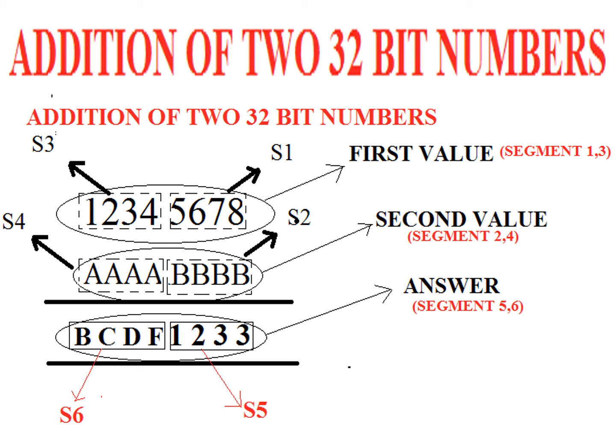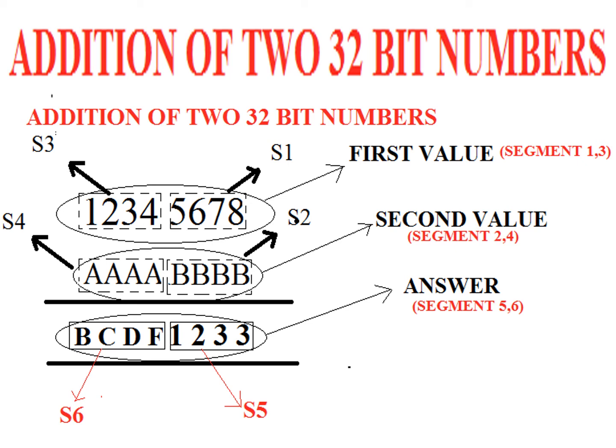Then the next 16-bit is 1234 and AA. This will be added with the carry produced from the addition of S1 and S2. So with the carry, I need to add 1234 and AA. I will get BCDF. That I will store in segment 6.